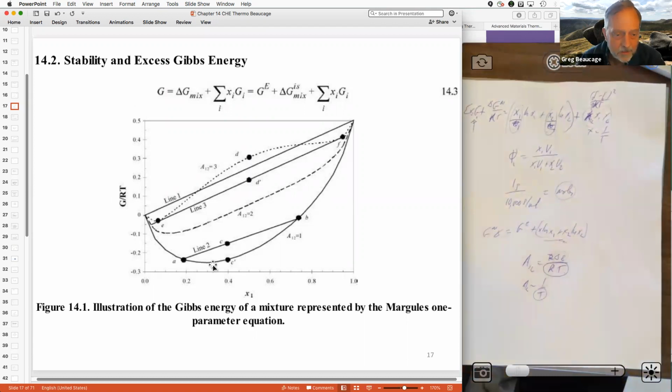So if you have this free energy, you can think about it as a measure of whether something will happen or not. You have a composition that you throw in your sample, you mix it up, it's 60% 1. You're at this temperature, A12 equals 1. When A is low, that's a high temperature, because A is 1 over temperature. So this is a high temperature, it's miscible.